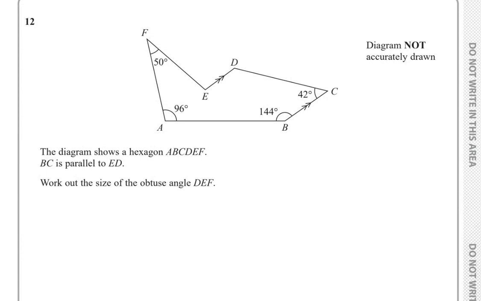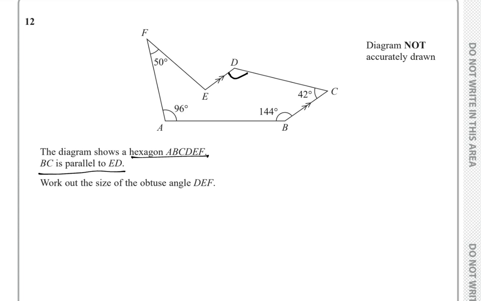Diagram shows a hexagon and BC is parallel to ED. So those two things are going to be really important. Work out the size of angle DEF. Well, we've got parallel lines here. So parallel lines means that there are some pairs of angles.